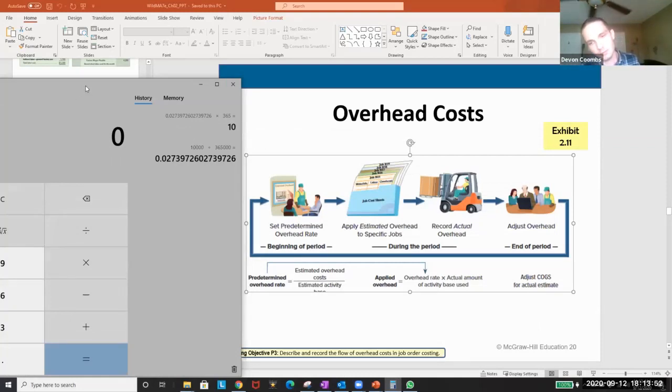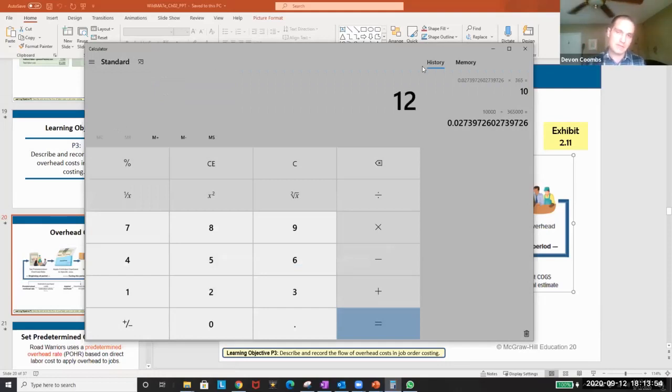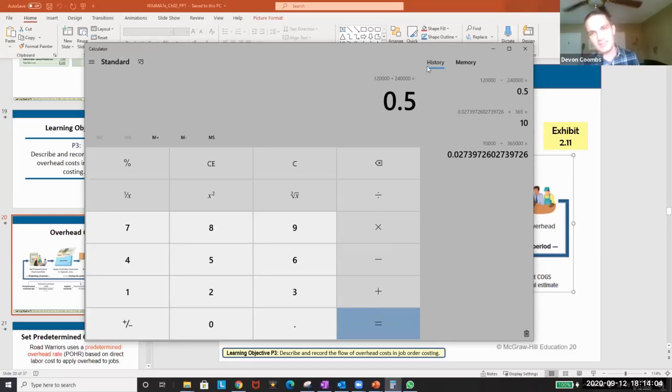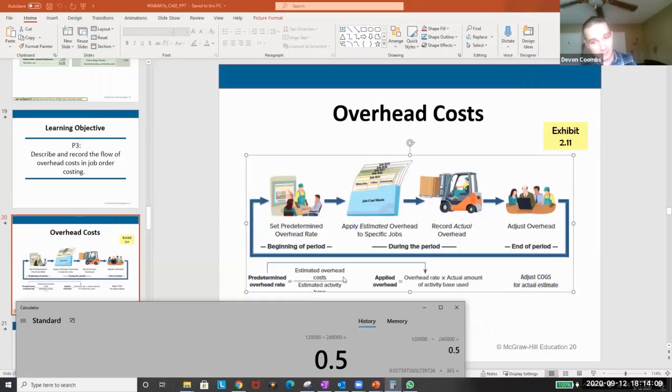They might say here, we estimate that for the month, we're going to have $120,000 in overhead costs, and we're going to have 240,000 hours of labor. So we're going to assume that it's 50 cents per hour of labor. We can make up any of those. The overhead costs will just be an estimate, but the activity base could be anything.